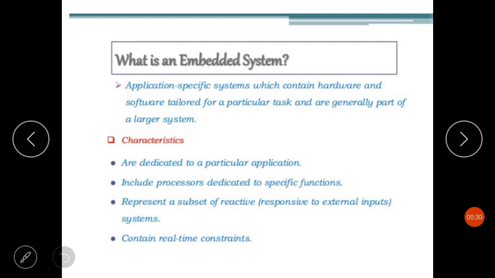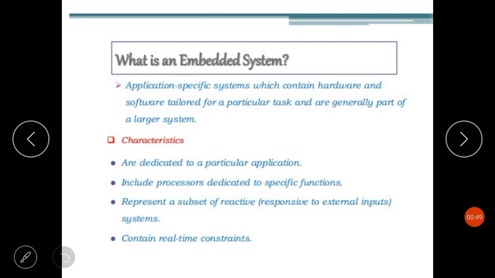An embedded system is basically an application specific system, or you can say a dedicated system, which contains both hardware and software that is tailored in such a way to perform a particular task, and these embedded systems are a part of larger systems.